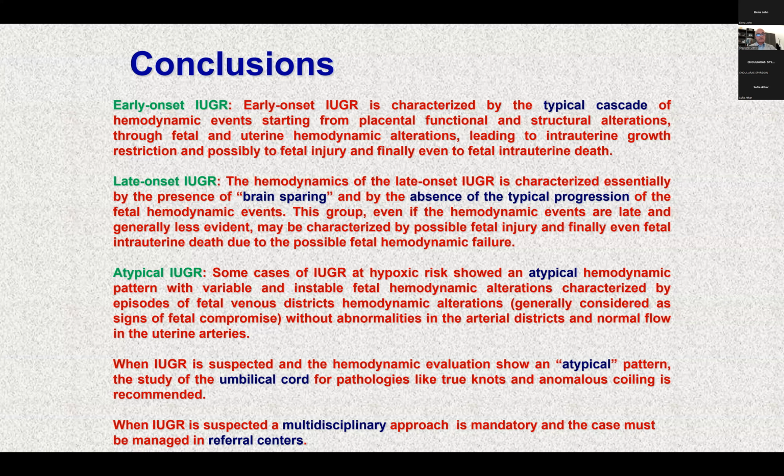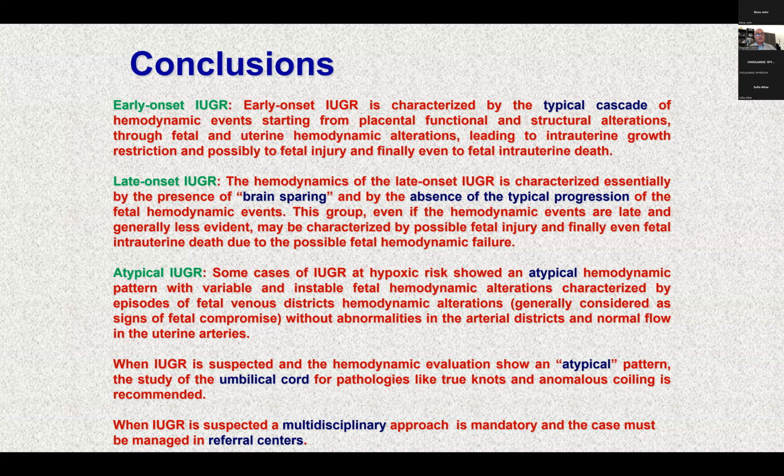In these scenarios, the IUGR fetuses are at hypoxic risk and show an atypical hemodynamic pattern with variable and unstable fetal hemodynamic alteration, characterized by episodes of fetal venous district hemodynamic alteration that generally are considered as a sign of fetal compromise, without abnormalities in the arterial district and the normal flow in the uterine perfusion, so in the uterine arteries.